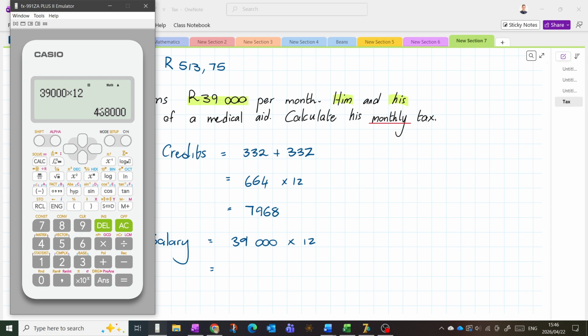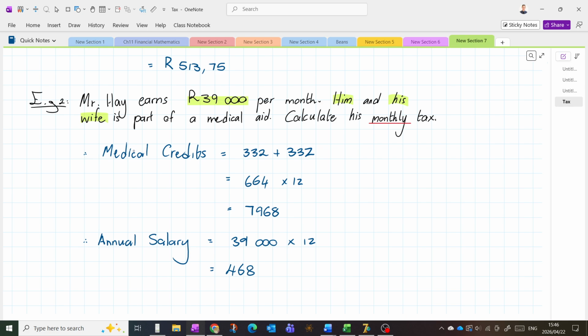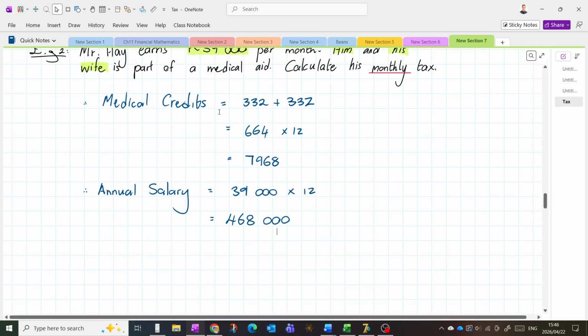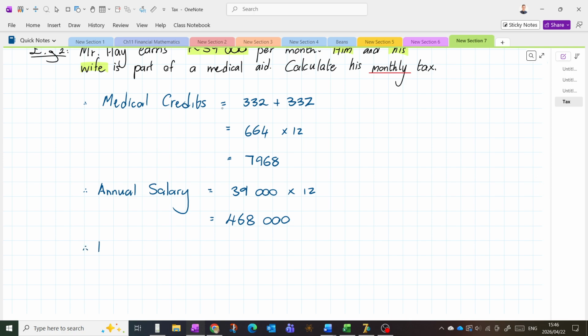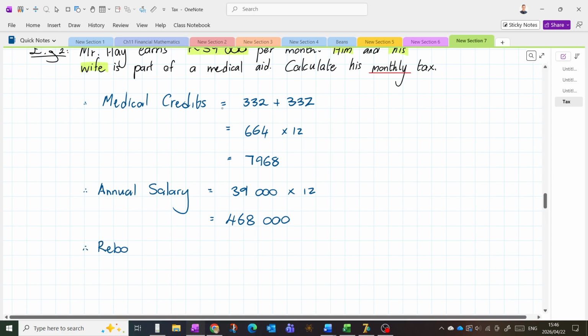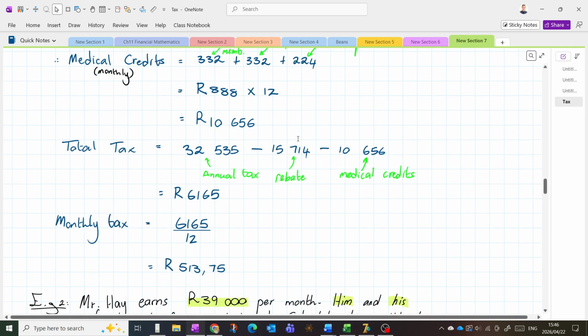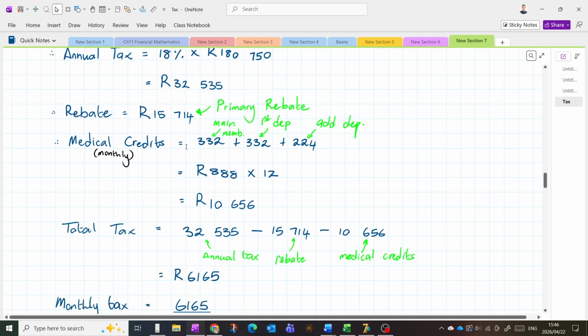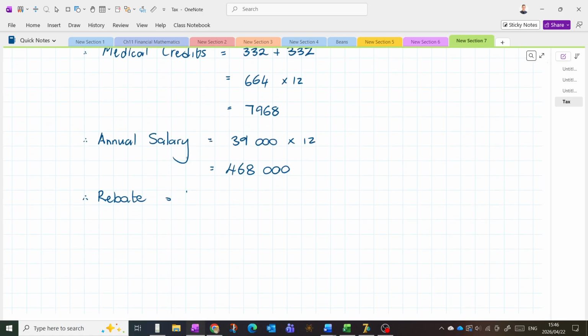It's 468,000 Rand. Okay, again, no age mentioned, nothing. So we're going to assume that the rebate is only the first rebate. You can list it here if you want to, you don't have to. You can just include it in your calculation. What was my rebate? The primary rebate is 15,714 Rand.